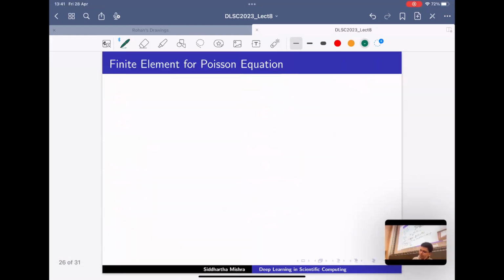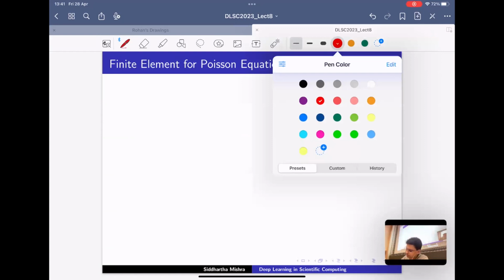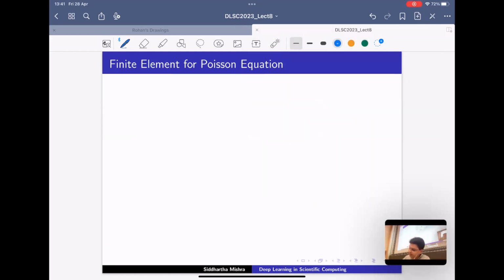So let me just write down finite elements, but let's do it for the Poisson's equation rather than the heat equation, very quickly, so that you also learn what that is. Let me take the Poisson's equation, which is minus u double prime of x equal to f of x on (0, 1). And then let's say that we have 0 boundary conditions.